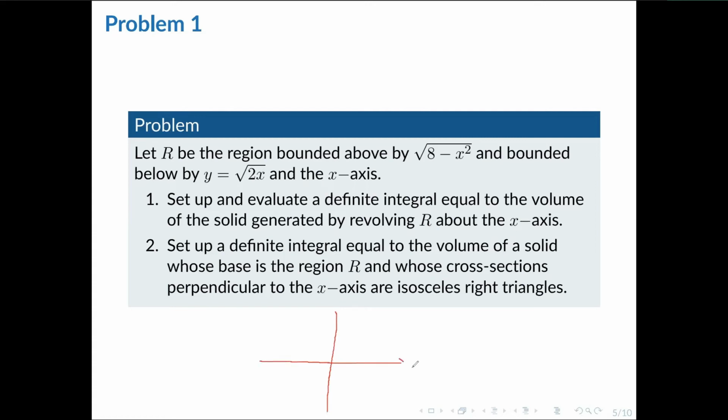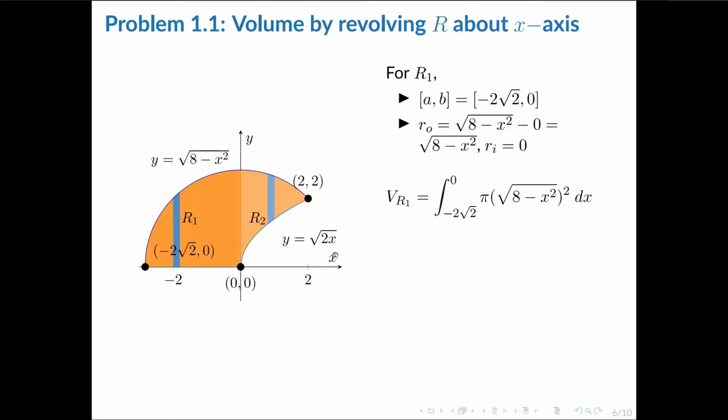So kunwari ito yung x and y axis, and this is y is equal to square root of 8 minus x squared, and for y is equal to square root of 2x, so yung itsura niya ay maging ganyan. So y is equal to square root of 2x, and the x-axis ay itong nasa baba. So yung bounded ng tatlong region na yan ay itong region na to. Ayan. So kaya naging ganito yung figure natin.